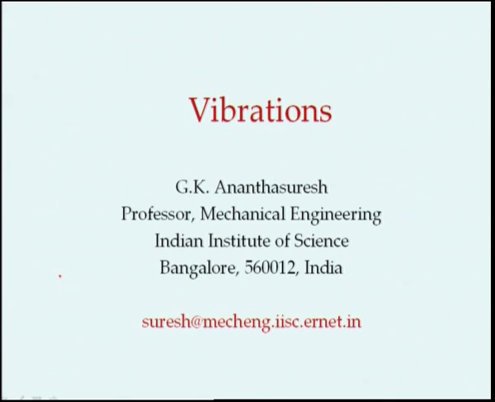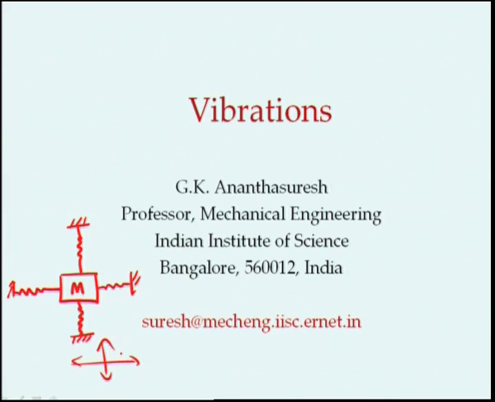We can reduce that to, here is a mass M with a spring here and a spring there and a spring here and a spring there. Okay. Now, this can move in both x direction like this or like this.